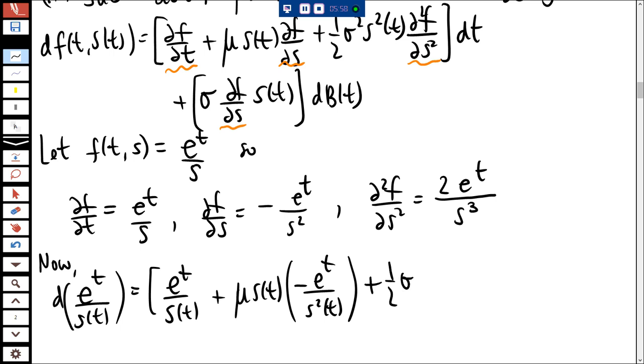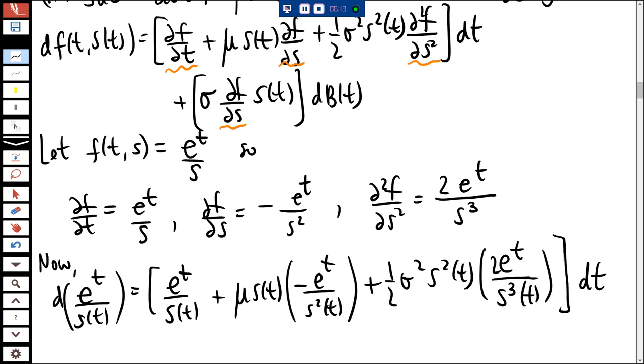And in the third term, we have d2f ds squared, cubed, I should say. All that is dt.